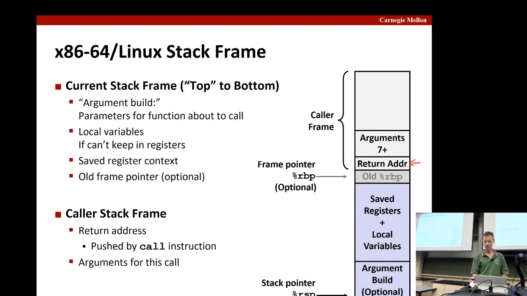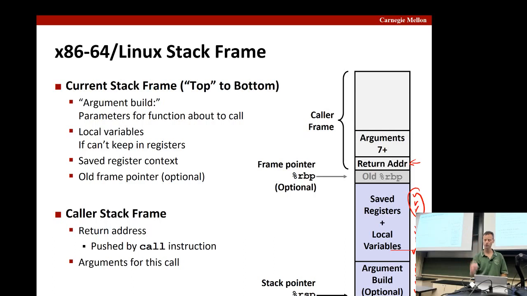But the general case is that you have all the arguments beyond the sixth one. Any local variables that need to be defined, and then any registers that you need to squirrel away so that they don't get trampled on. We'll talk about that towards the end of class.